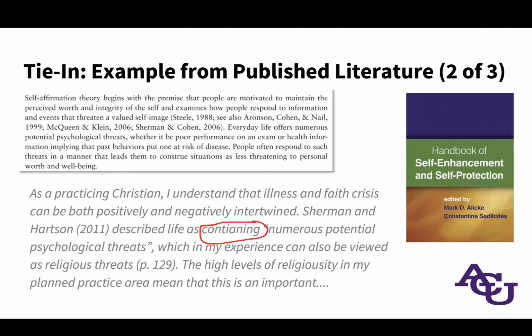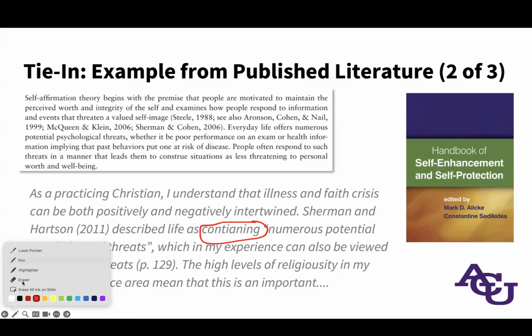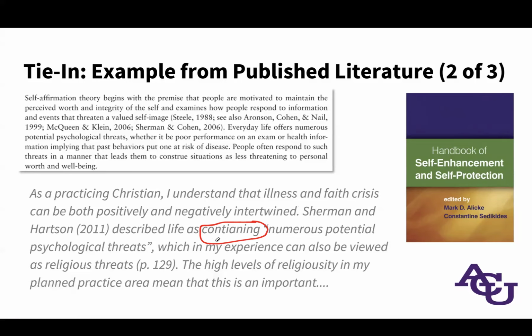So these authors described life as containing numerous potential psychological threats, which in my experience can also be viewed as religious threats. So this sentence is taking a little excerpt from the literature, and it is going ahead and saying, hey, I have an application to my life where I'm coupling it with my own reflection that that idea can manifest as religious threats.